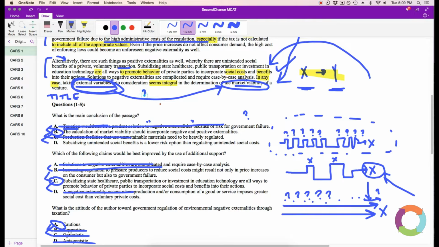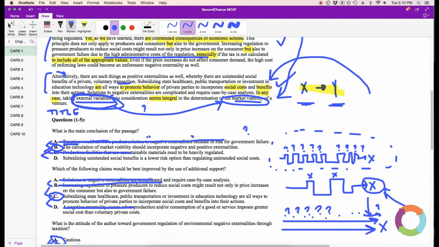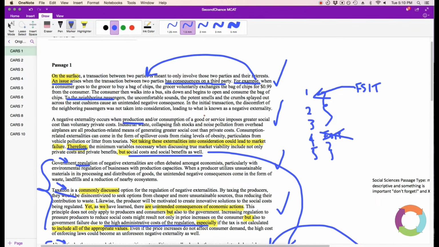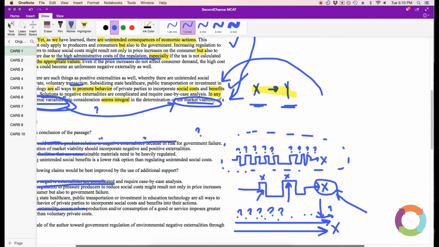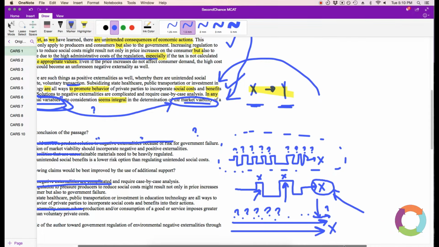And why are they so crucial? And so now that I have asked myself those questions, that makes the whole passage so much easier, because now I know what to look out for, right? I know what details are important and what details are not important. How do I know? Because the important details are the details that answer my questions.